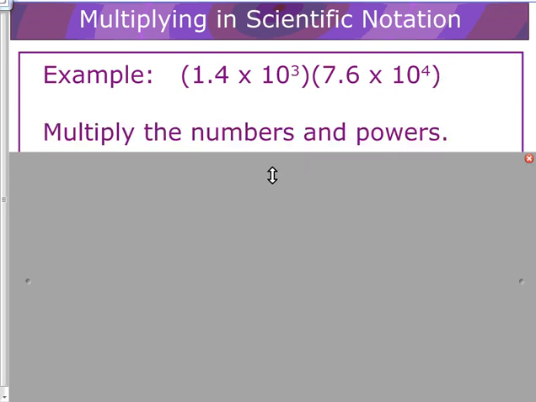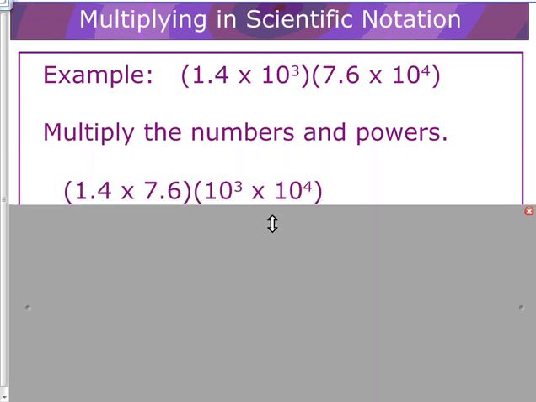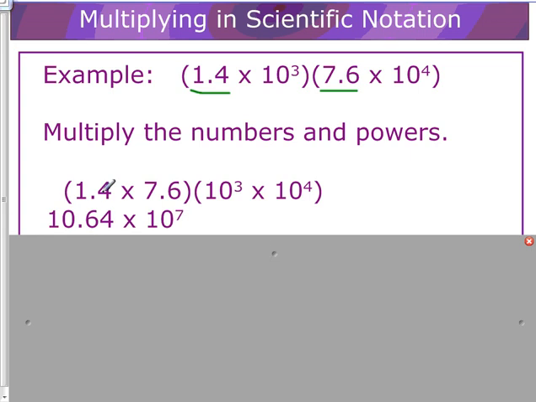My first step is to multiply the numbers and the powers. So I'm actually going to take this problem and I'm going to reorder it. So if you notice here, I took my numbers and I set them out in front. So I took 1.4 and 7.6 and I'm going to multiply those together. Then I'm going to take my powers, 10 cubed times 10 to the fourth power, and I'm going to multiply those together.